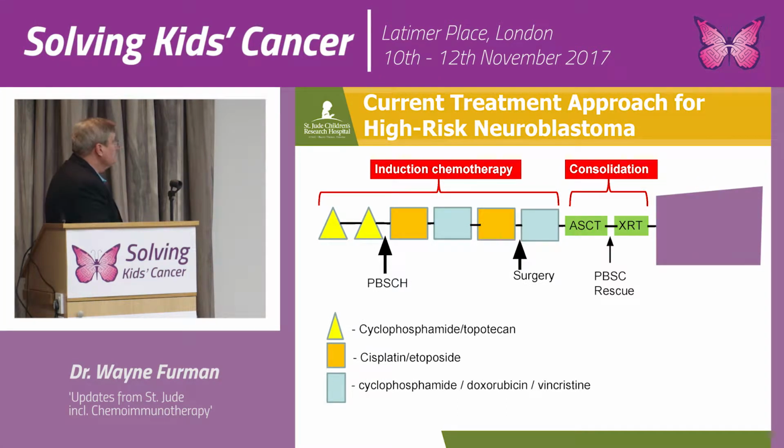Again, you've seen a number of these cartoons, and this is meant to represent the Children's Oncology Group approach to treatment of children with high-risk neuroblastoma. And we've heard about induction chemotherapy. Each of these geometric symbols represents a 2 or 3 drug combination.